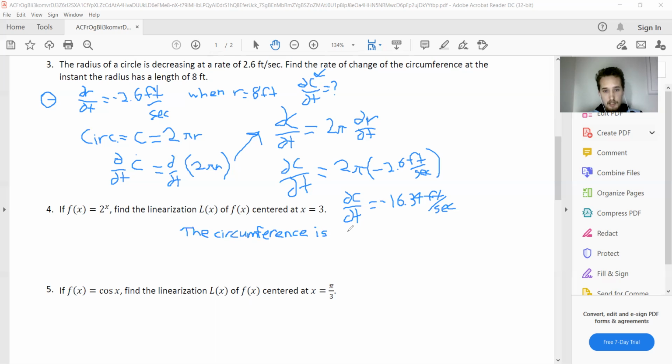And because I'm going to write is decreasing, I'm going to put the positive value, 16.34 feet per second, when the radius is, when r equals 8 feet.